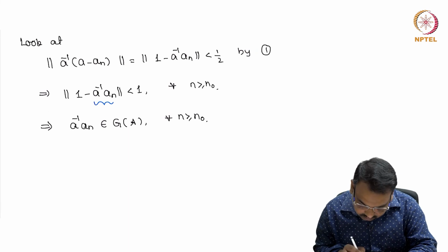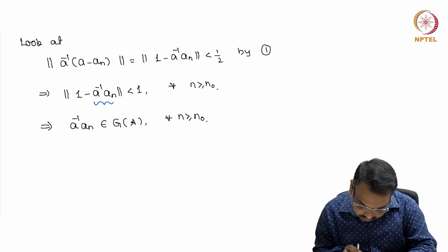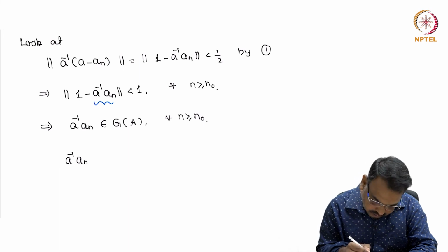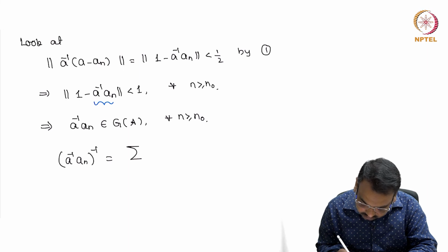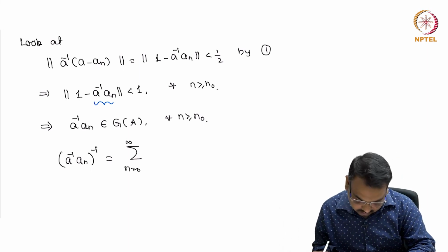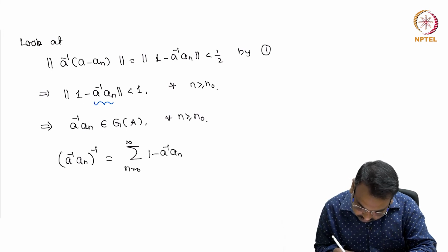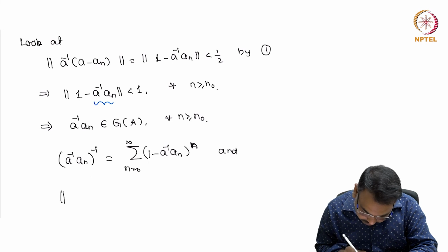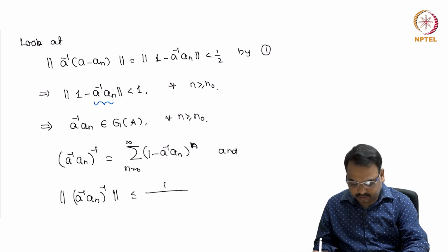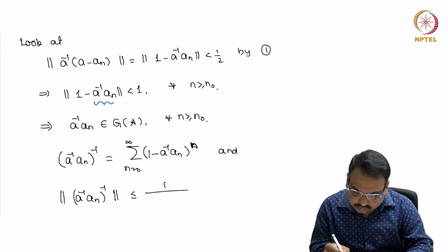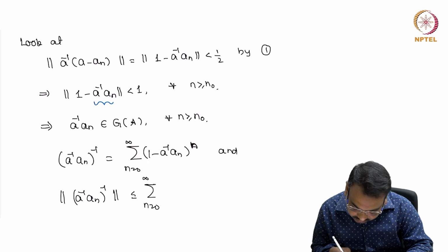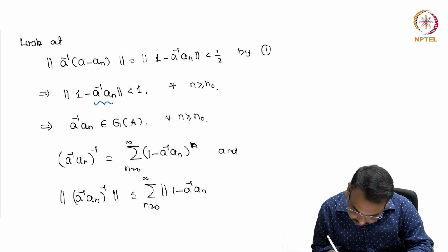Okay, so this is invertible, and A inverse A_n whole inverse is given by summation n equal to 0 to infinity of 1 minus A inverse A_n whole power n, and the norm of A inverse A_n inverse is less than or equal to summation n equal to 0 to infinity norm of 1 minus A inverse A_n power n.